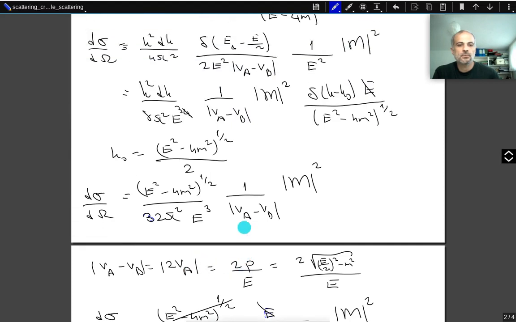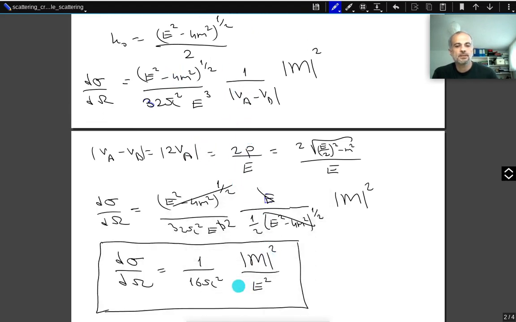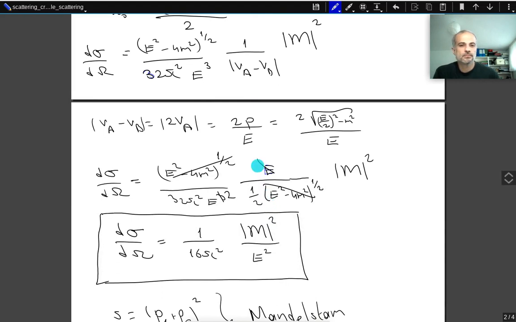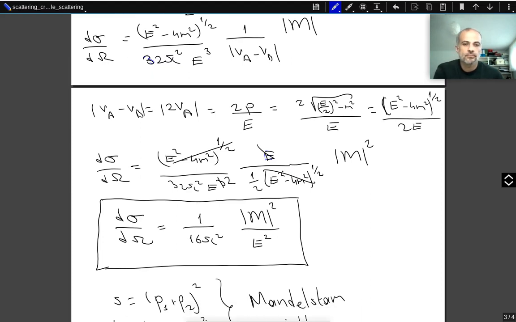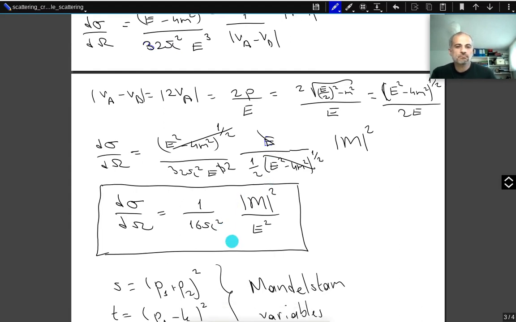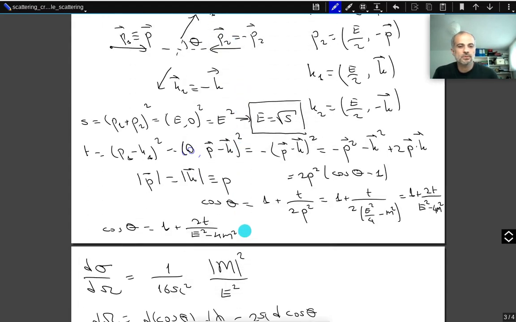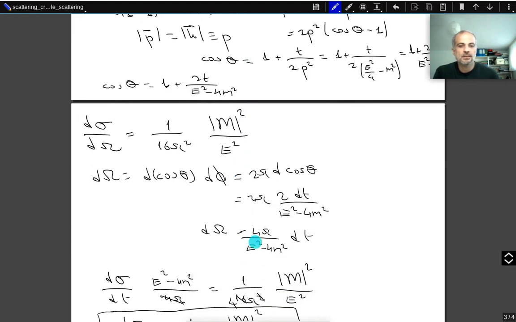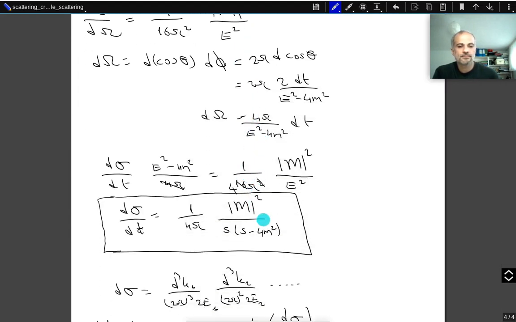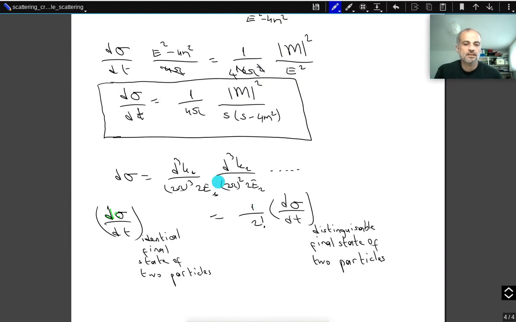And finally we have from VA minus VB another factor of 1 over 2. So this is equal to square root of E squared minus 4m squared divided by 2E. So okay, these factors are also correct. This is our correct expression. We don't seem to have missed any factors. And that is the end of this video.